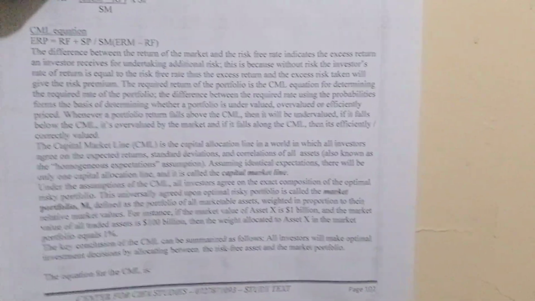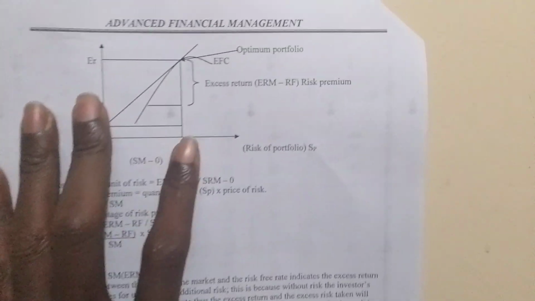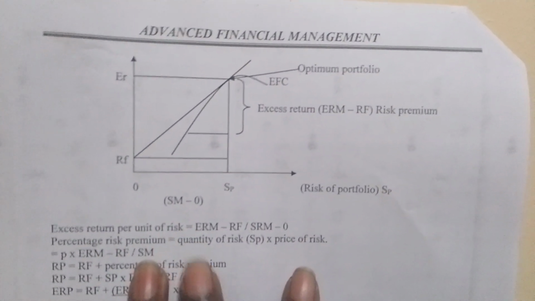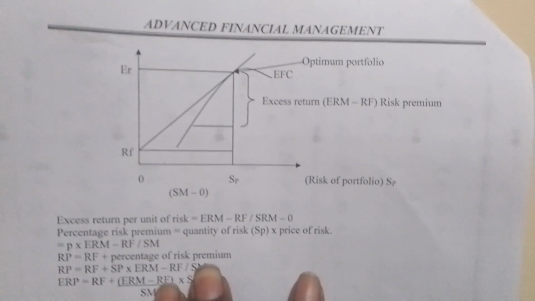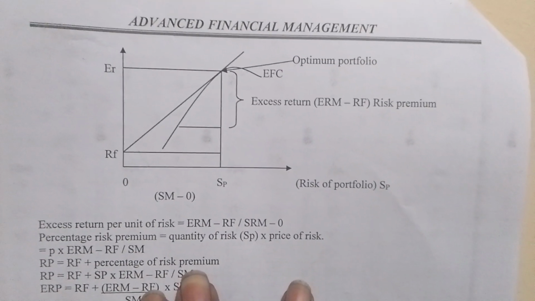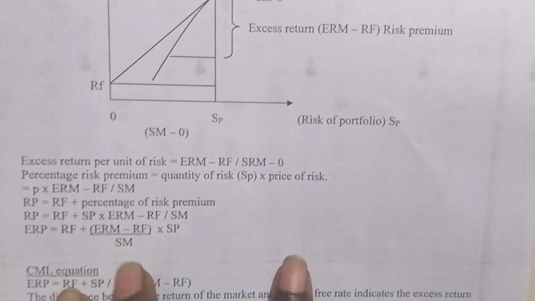Now move to the page. You can pause your video if maybe you do not have this book. If you do not have this book, because you may be following from foreign countries and you may not have been sent a soft copy, you can just have that diagram there. Understand these formulas which you have been given here.